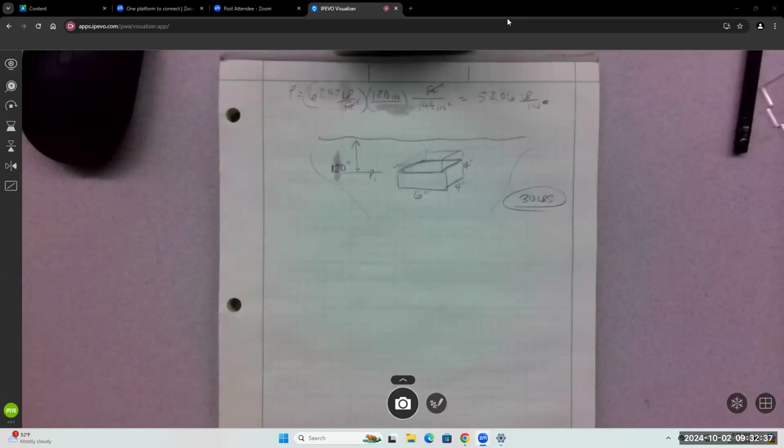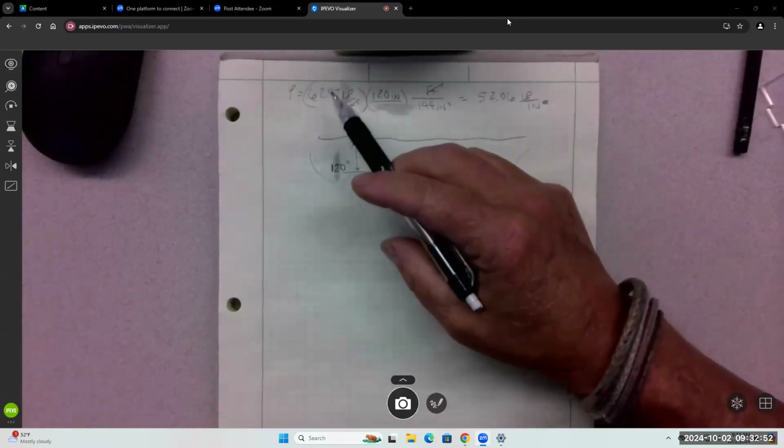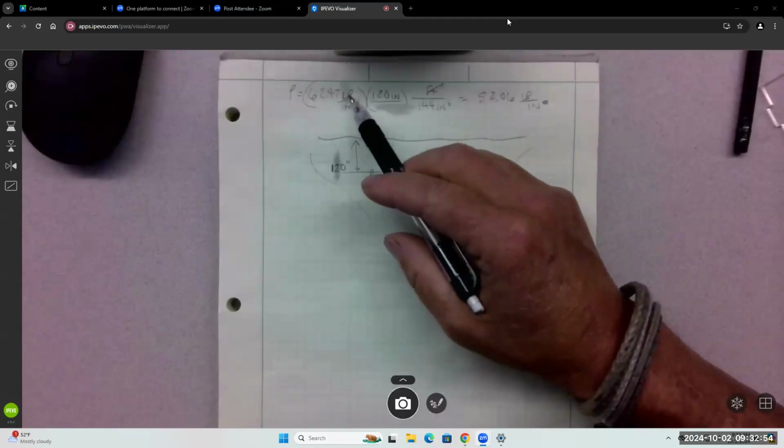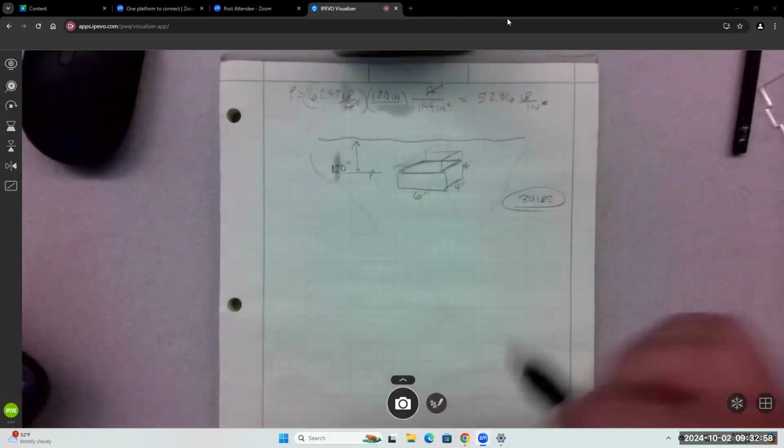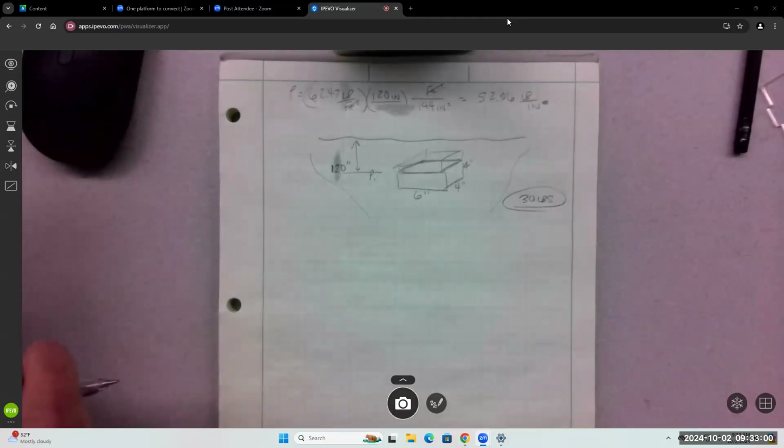So the number that you should get used to, if you want it in PSI, it's 43.49489, right? The specific weight of water in pounds per inch squared is just this number divided by this, 62.47, enter, 144 divide, yeah, 0.43.